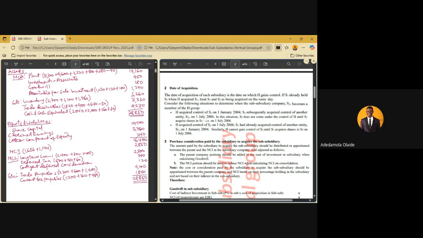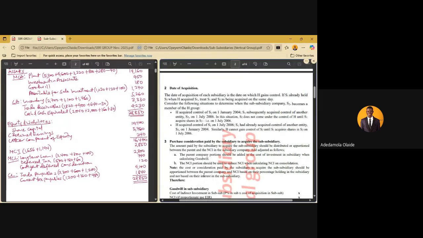That amount will be apportioned between A and NCI in B. A being the parent, NCI in B being the other party that owns it, because whatever B is now doing, it is owned by two parties, which is parent and NCI. So the purchase consideration will also be split in their percentage of holding.